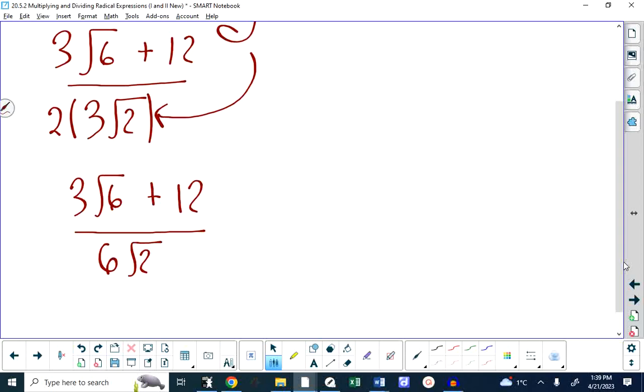Ashira. You could simplify the coefficients. Right. And Ashira, would you be the kind of person that would just reduce the 3, the 12, and the 6 down by a factor of 3? Okay.